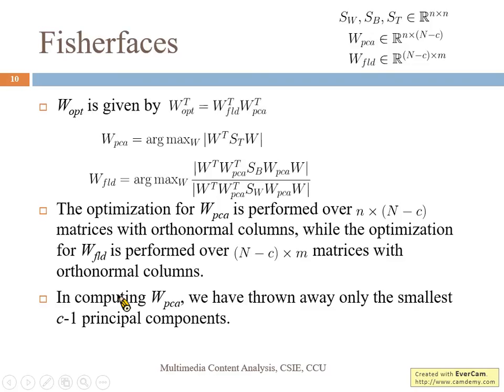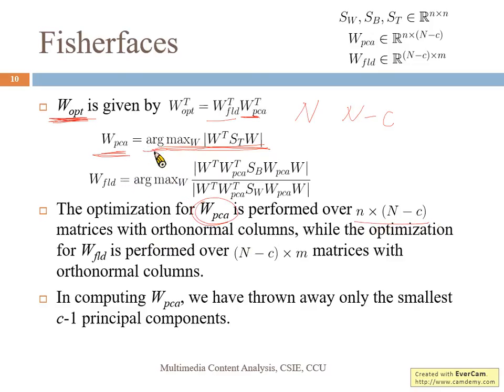So the final formulation is that the best projection matrix is given by the multiplication of the FLD matrix and the PCA matrix. Because first we find the PCA matrix, by PCA we find the best projection. We do linear projection first to reduce the dimension from n to n minus c. So the optimization for WPCA is performed over an n by n minus c matrix.